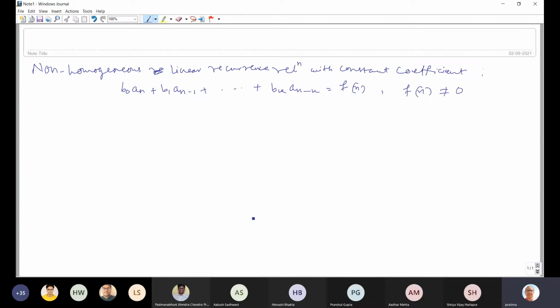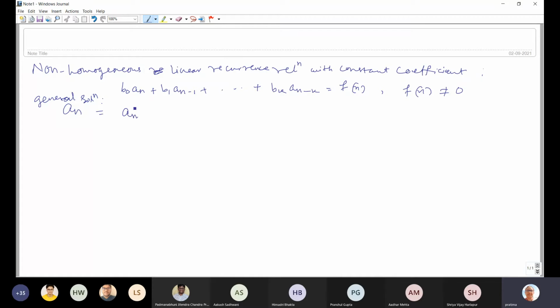Its general solution consists of two parts.